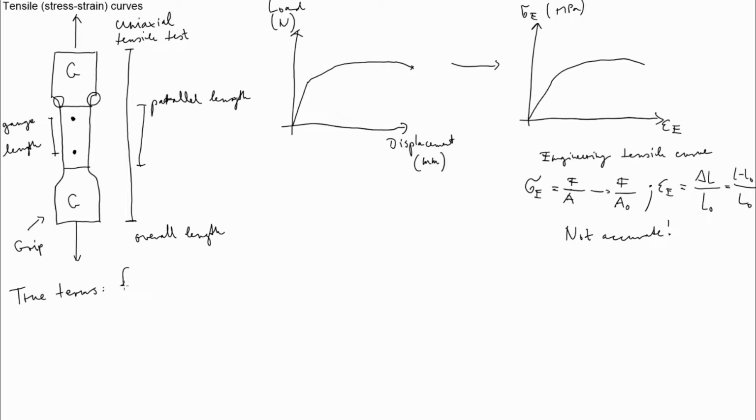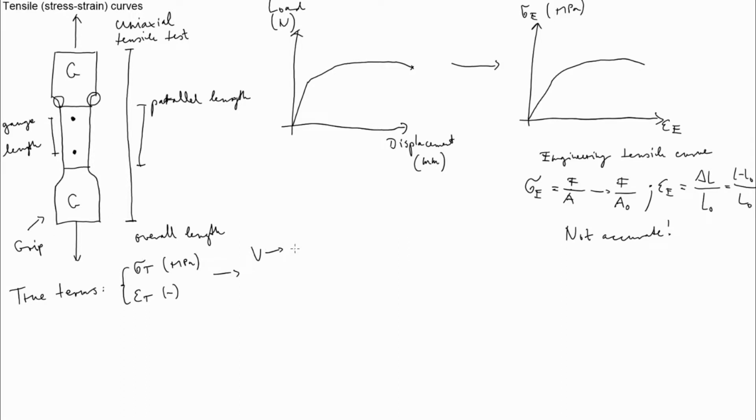They are of course the same units, so nothing changes, only the method changes. What we do here is we say that the volume of the material, or the specimen, is constant during the test, and that is of course true.